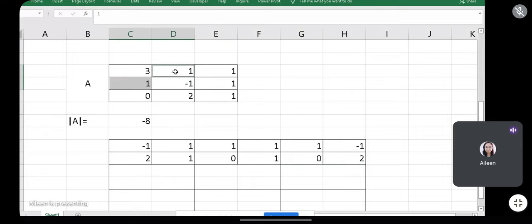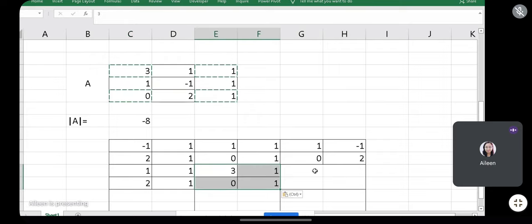Next, for this element, it is 1, 1, 2, and 1. Next, for this element in the middle, it is 3, 0, 1, 1. For this one, this is a 2, 3. What are our minors? 3, 1, 0, 2.